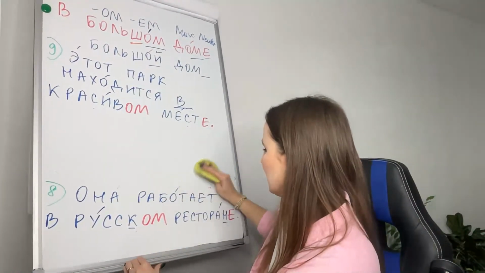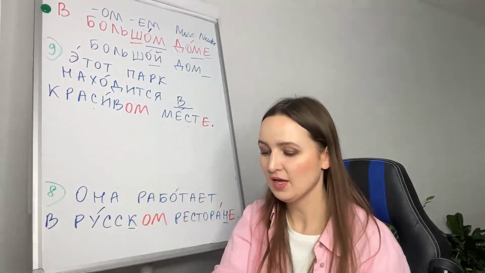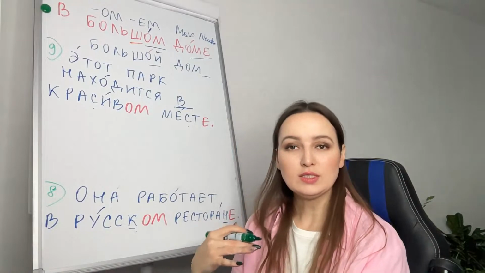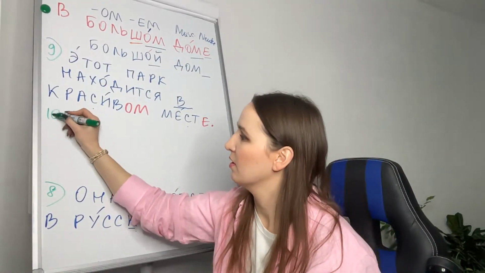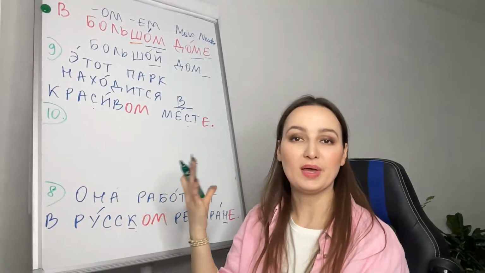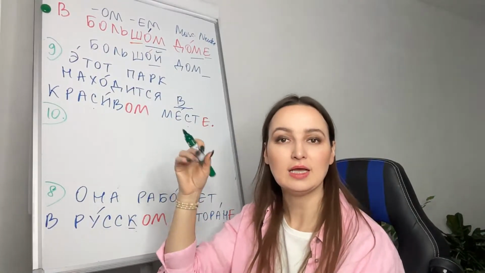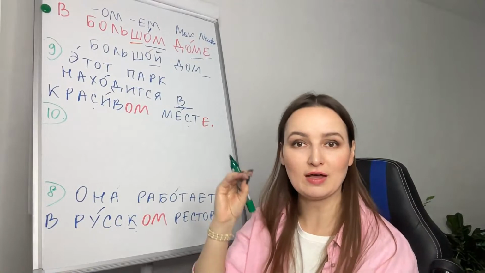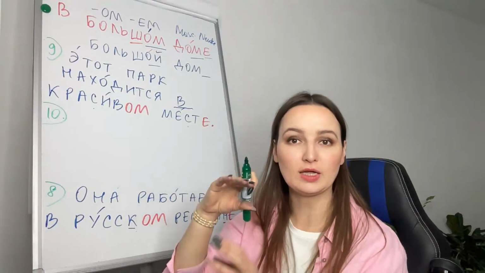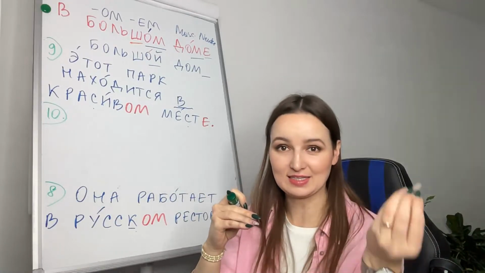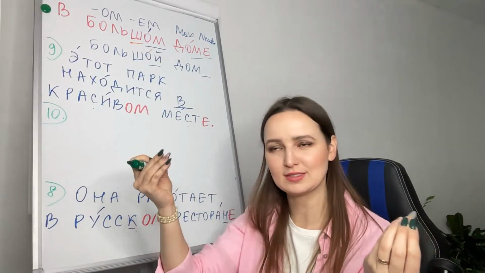Идем дальше. Number 10: I was in London Metro, London Underground. In Russian we can make London an adjective: лондонский.